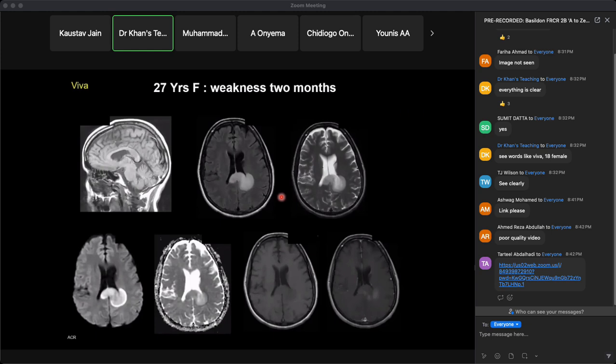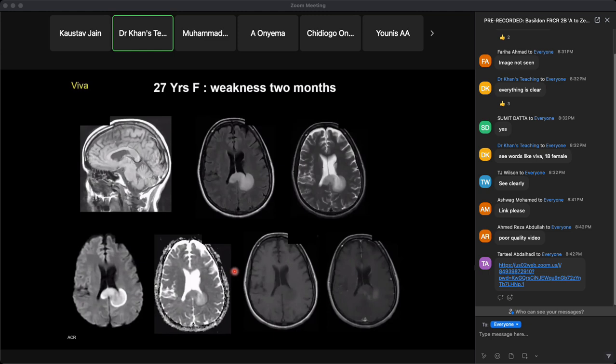Okay, so you're presented with multiple MRI sequences of a 27-year-old female with weakness for 2 months. There is hyperintense signal on FLAIR and T2 that crosses the midline in the splenium of the corpus callosum.